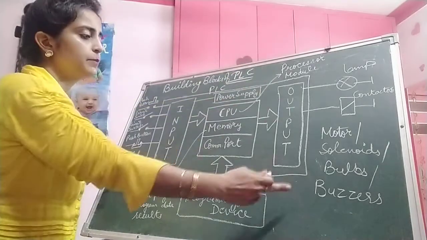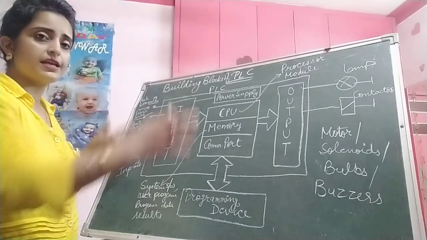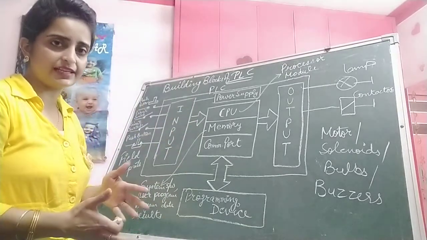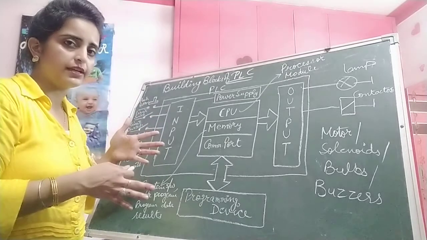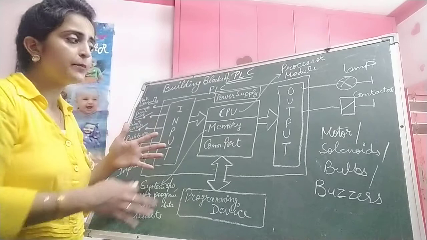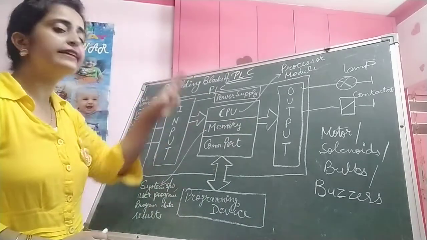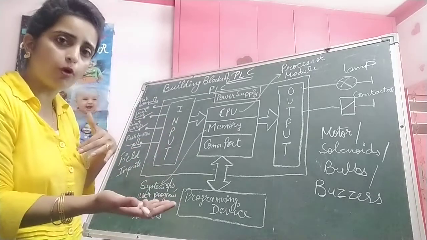This is the PLC. As in the last lecture we discussed, the PLC has some input and output devices connected, and we can use those inputs and outputs with respect to this PLC. Now we will discuss how the PLC works, what is inside the PLC, and what is to be connected from the outside.